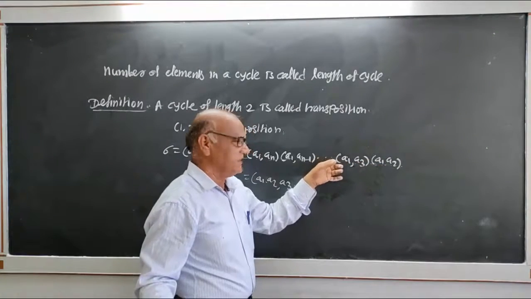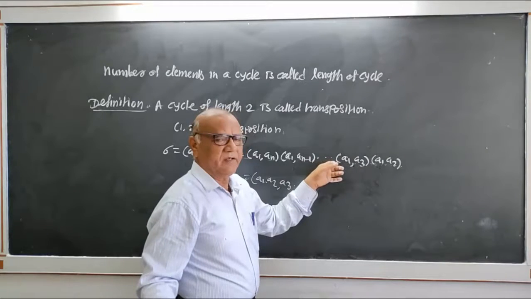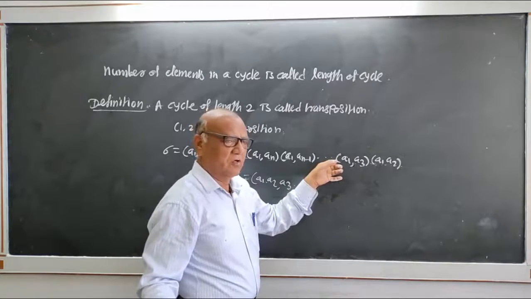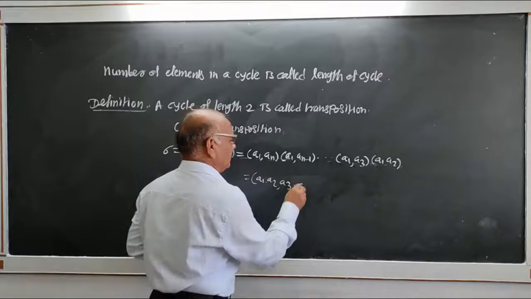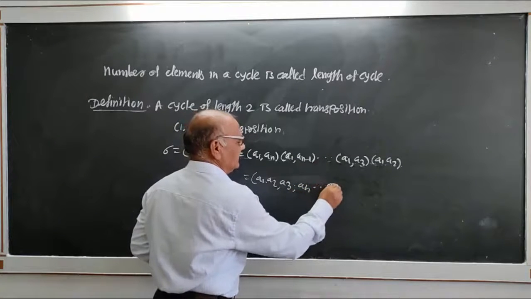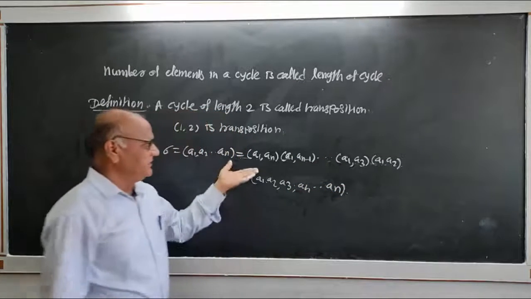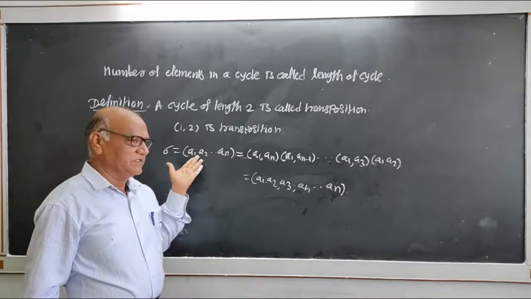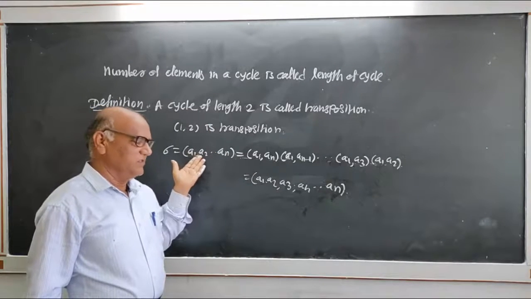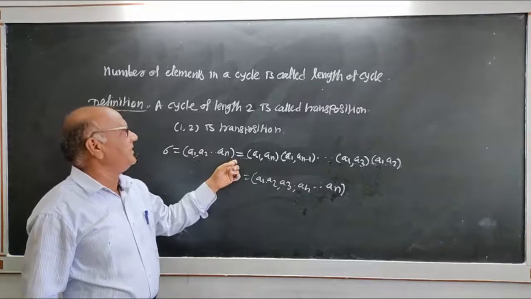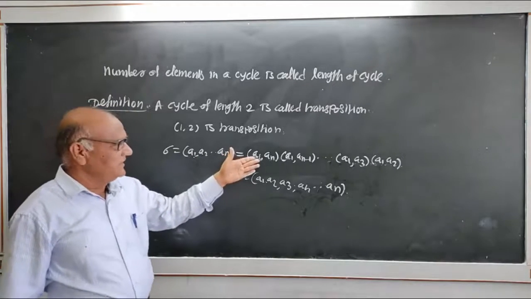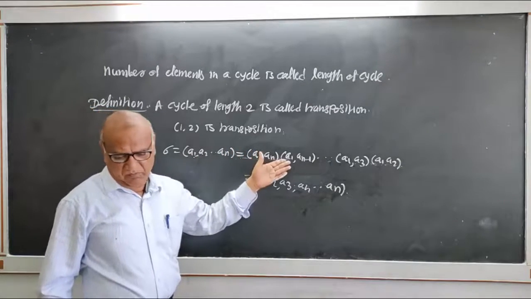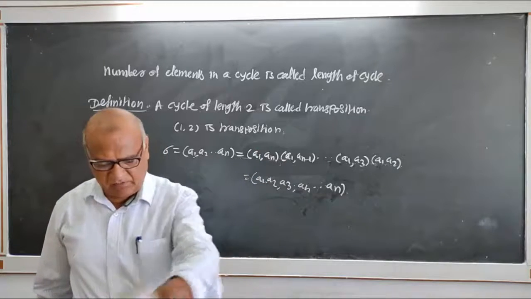Again in this transposition A1 goes to A4. Now here A4 goes to A4, and so on like this. That means every cycle can be written as a product of transpositions.